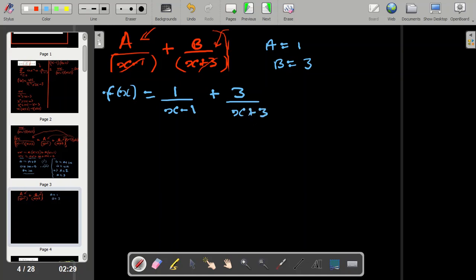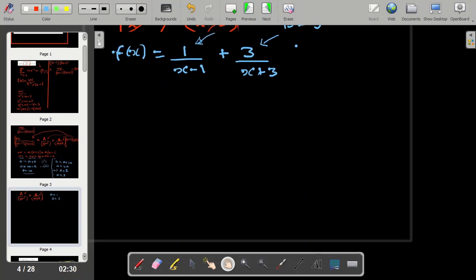So we have these two functions that we are now going to convert into our geometric power series. We are going to do it individually because we've decomposed our function, so we will do them separately. We will first begin with this one, then we come to this one here, then we'll combine our final result.